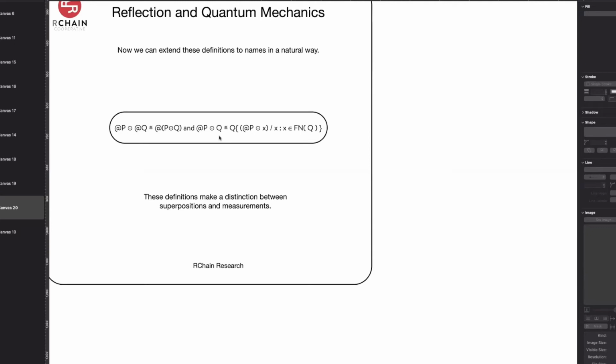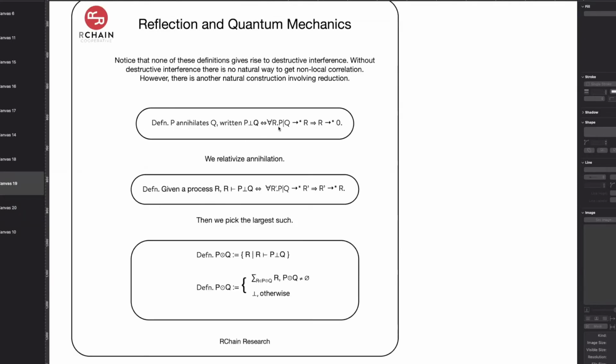If we think about what a measurable is, when we make a measurement, we slide out of superposition. And that's really what's happening here. By running things to their completion, that's really what's going on here. We're running things until they can't go any farther.